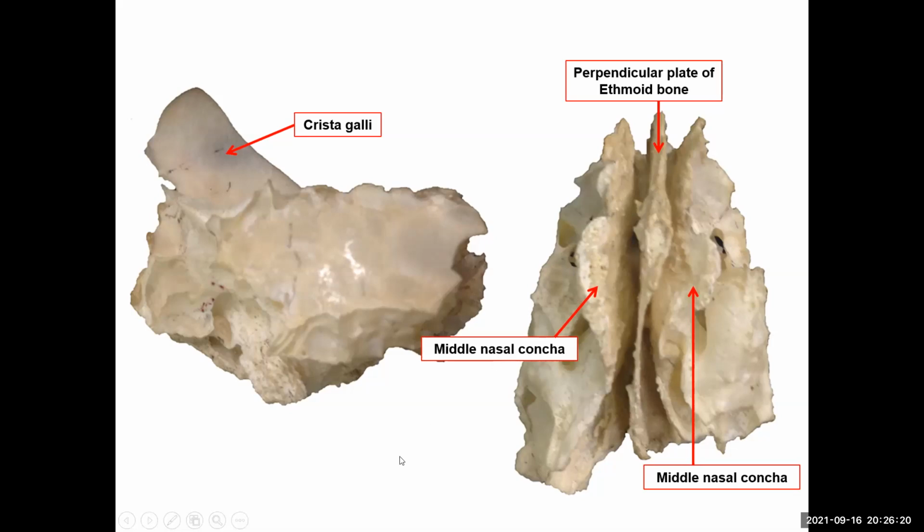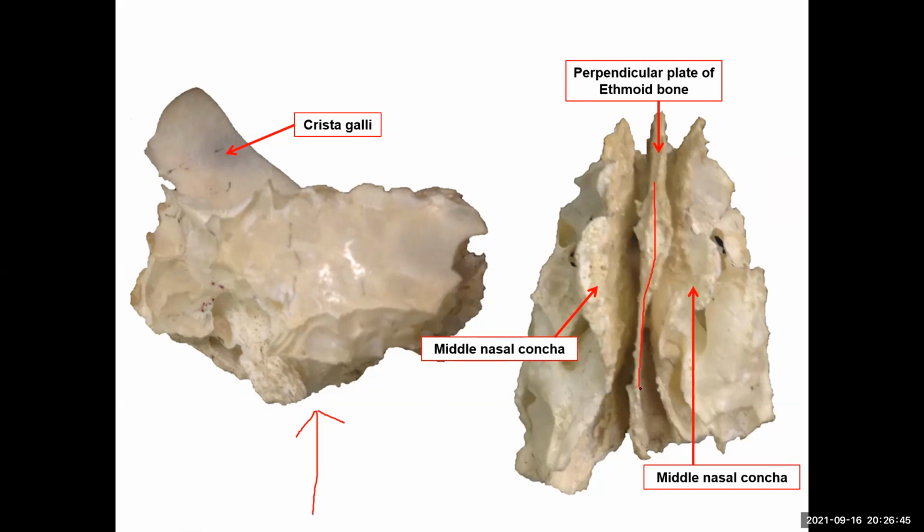So we're looking up into the ethmoid bone. So in the dead center, this whole structure, there's the perpendicular plate of the ethmoid bone. So, okay, we've heard of that structure before. That's part of your bony nasal septum.